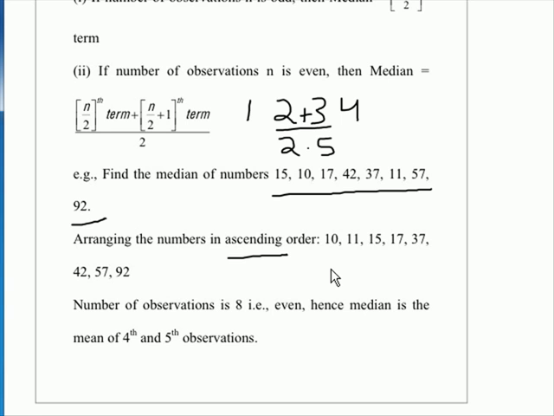So what we see is that the number of observations is 8. There are 8 values here, 1, 2, 3, 4, 5, 6, 7, 8. Hence the median is going to be the average or the mean of the 4th and 5th value.